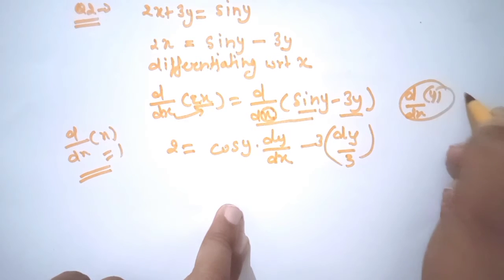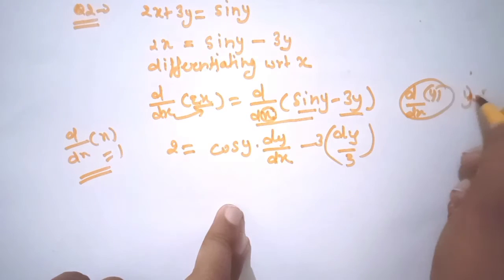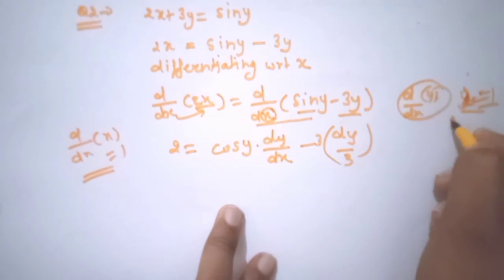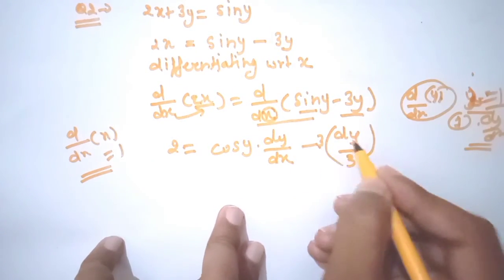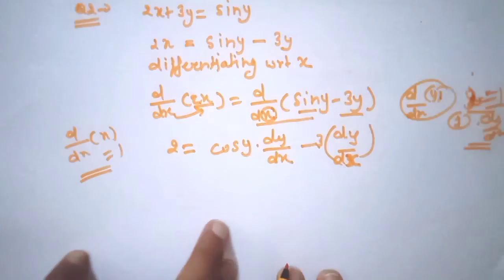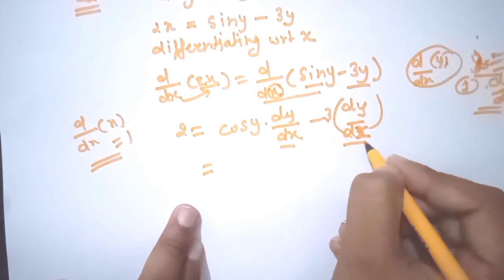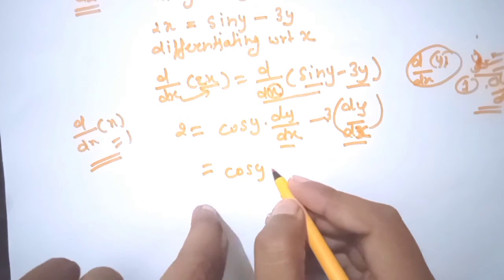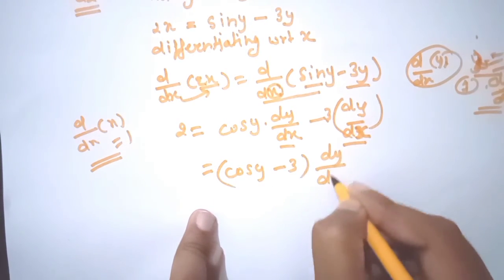We get the differentiation of y; only the differentiation of x will be 1, so the differentiation of y comes 1, and dy by dx, so we will note down minus 3 dy by dx. Now we will take dy by dx common from here and here, it will be cos y minus 3, into dy by dx.